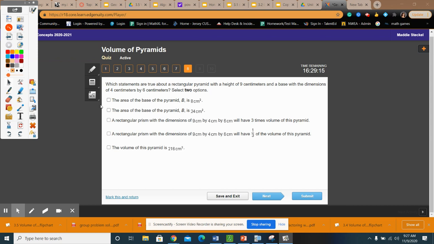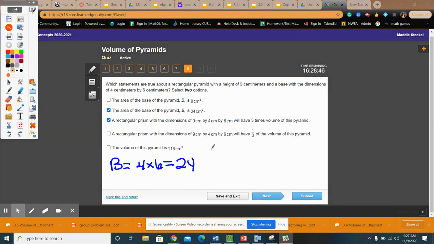So that's not 8, it is 24. So big B is 4 times 6, which is 24. The height is 9. So a rectangular prism will have 3 times that volume. Yeah, that's true. A rectangular prism is bigger than the pyramid. So you'll have to take it times 3. That will be right.